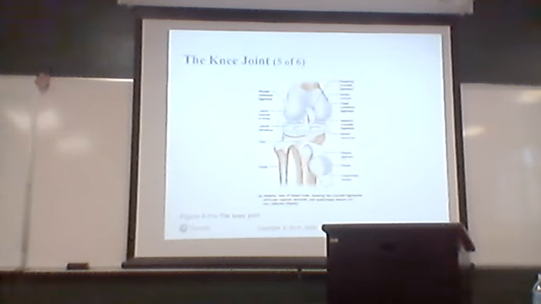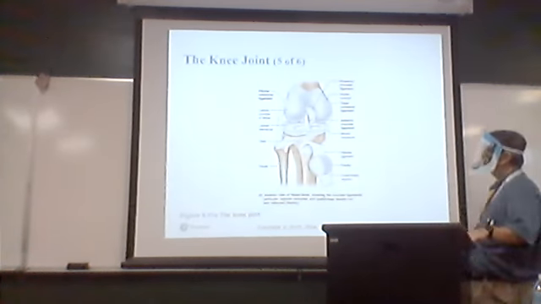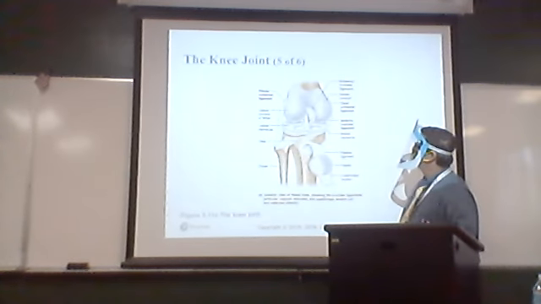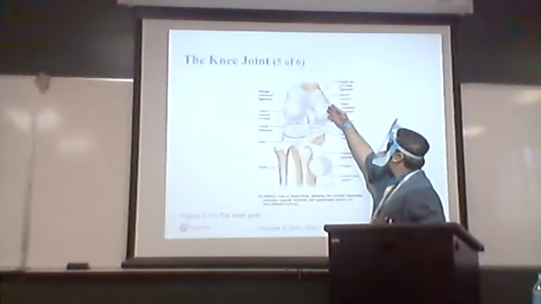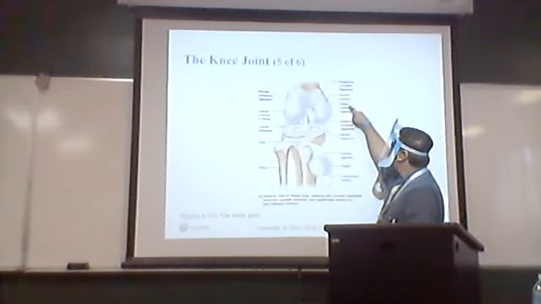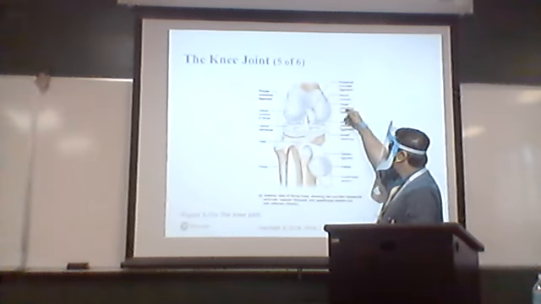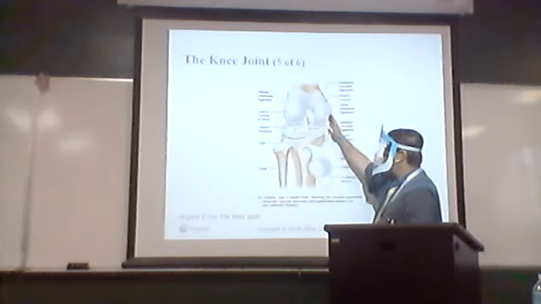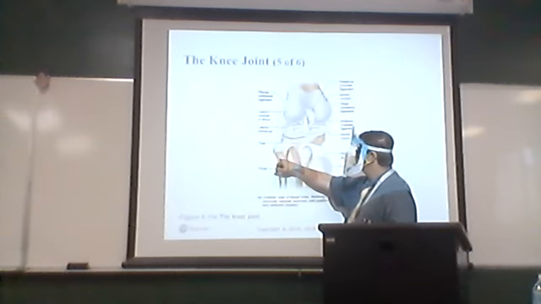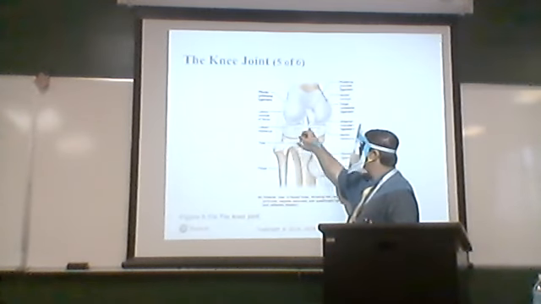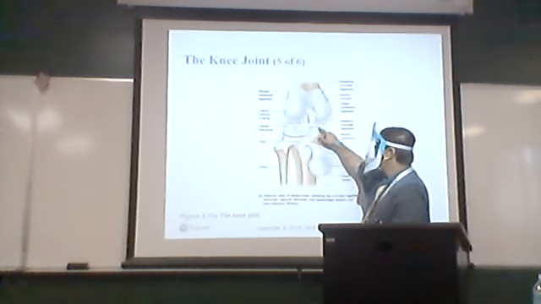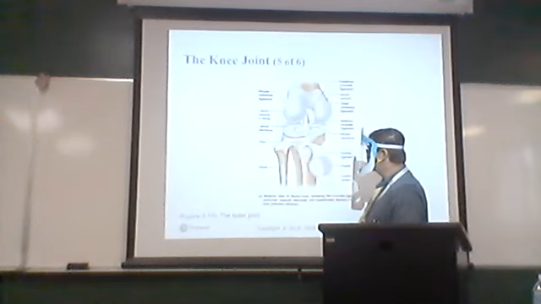Here we have the joint capsule pulled away. This is really good to see the ACL. All right, so femur, articular cartilage, medial, right? The tibial collateral ligament is on the medial side. The fibula is to the lateral, and you've got your lateral meniscus. Remember, those are tough pads of fibrocartilage.